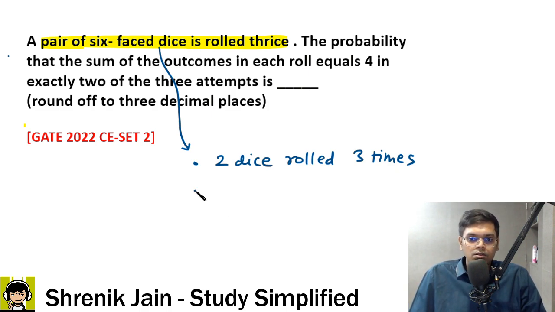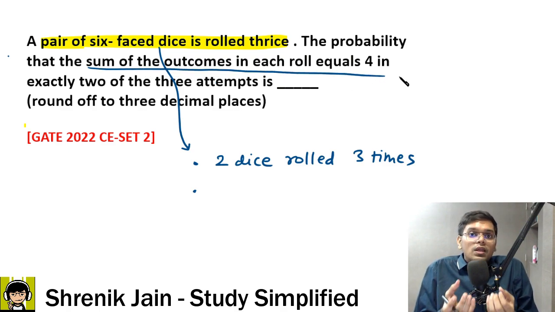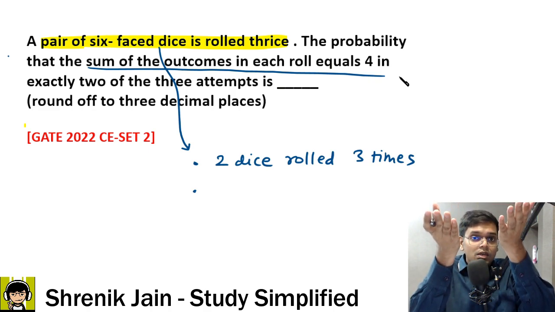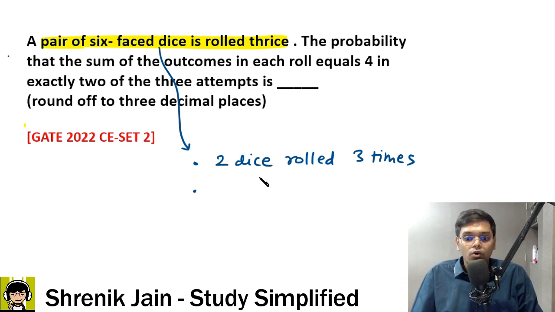Now their requirement is that the sum of the outcomes in each roll equals 4. Since we are rolling a pair of dice, there would be 2 outcomes, and if you add those outcomes, the sum should be 4.